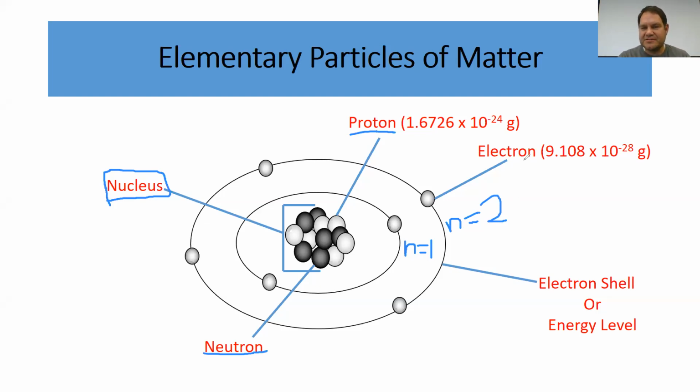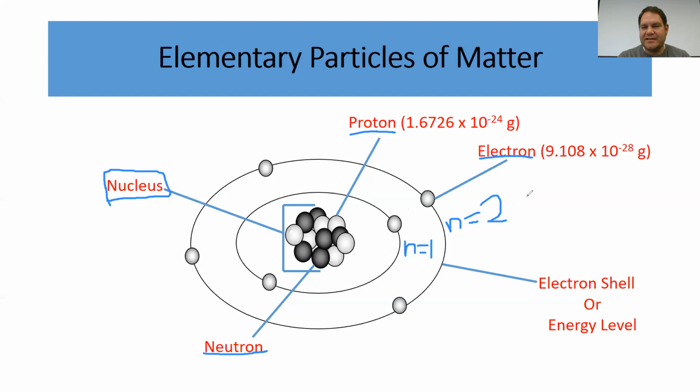Electrons, as indicated by this model, are found in those electron shells, and only a certain number of electrons can fit in a particular shell, which we'll also talk about at another date. Typically all atoms can only fit 2 electrons in the first electron shell, and in the second shell you can have a maximum of 8 electrons.